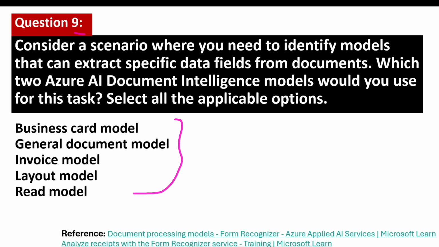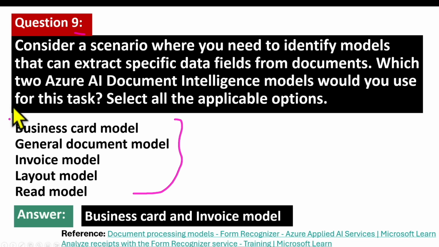We had seen a couple of examples in the previous question. So let's look at the available options and see if we can find one. One is immediately available because I just explained it in the previous question. So let me populate the correct answer. The correct answers are business card model and invoice model. We explained the invoice model just before.